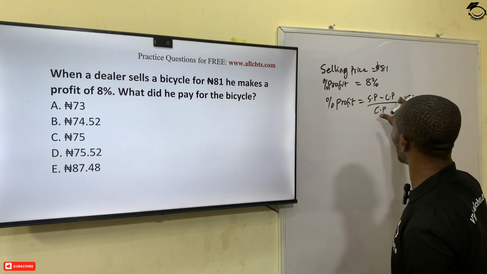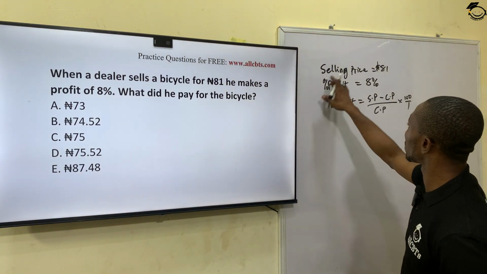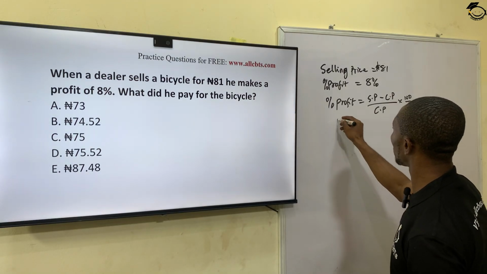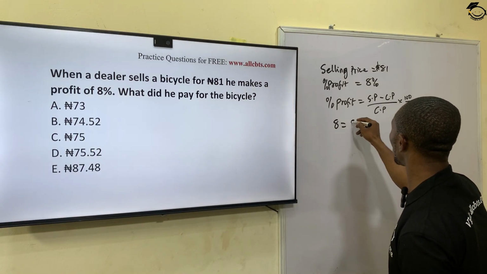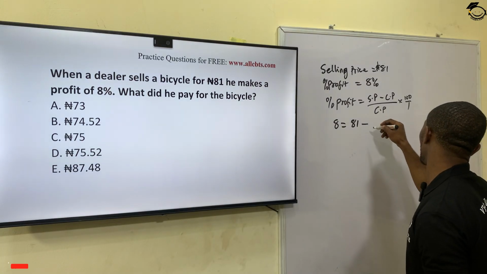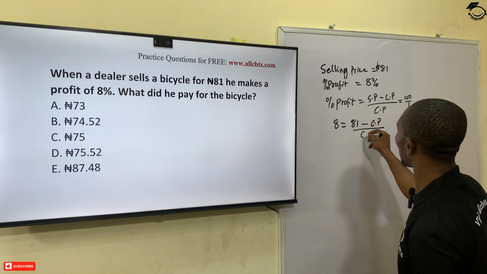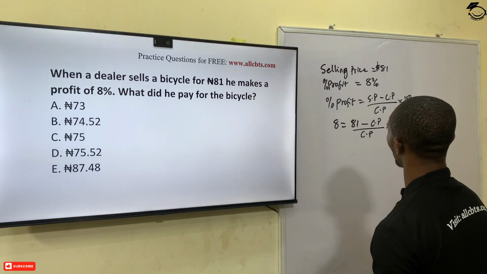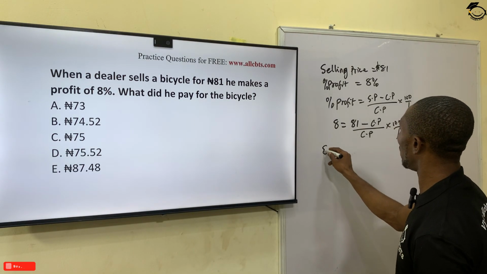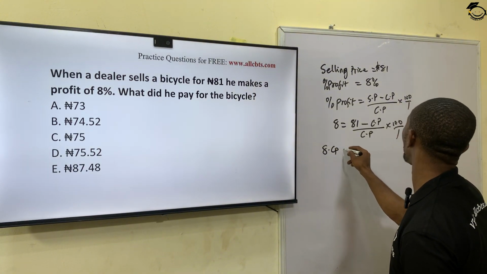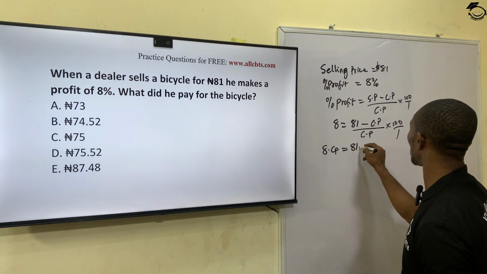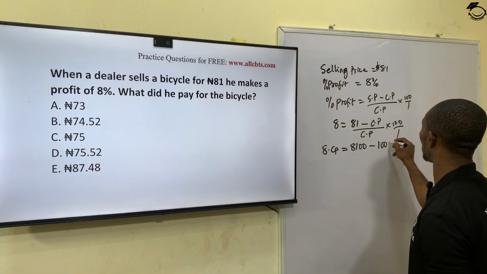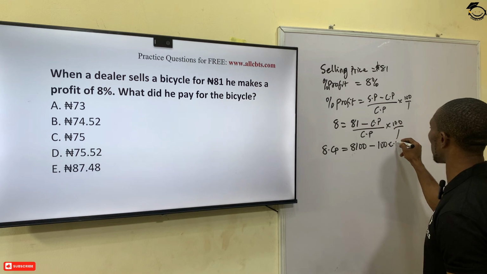Okay, now we don't know our cost price, but we know our selling price and percentage profit. So this becomes 8 equals selling price, which is 81, minus cost price all over cost price times 100 over 1. Now, expanding this, it becomes 8 times cost price equals 8100 minus 100 times cost price.